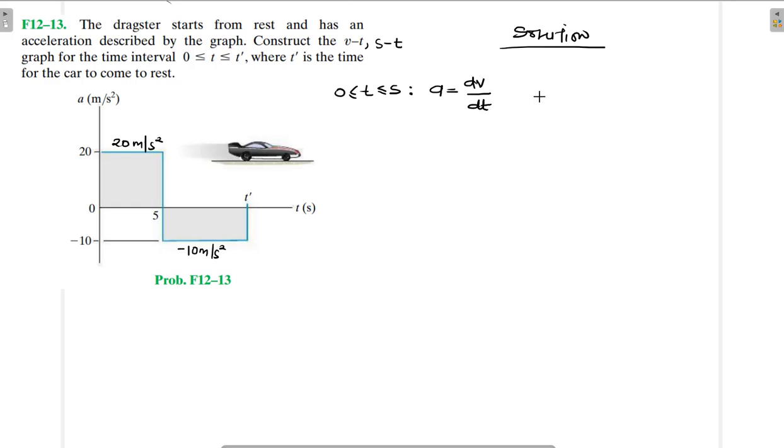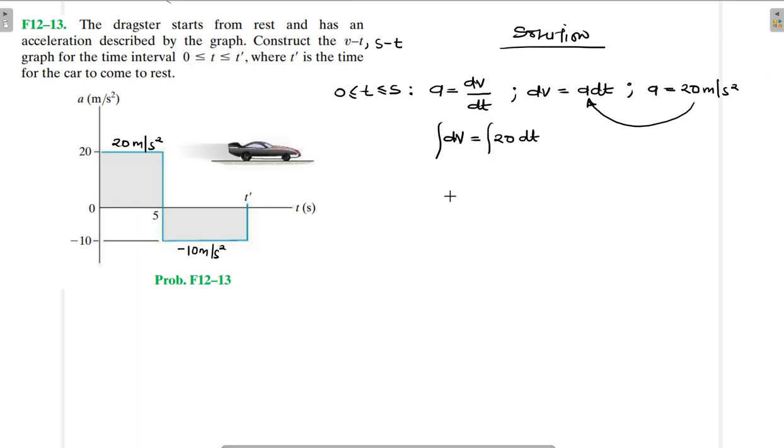Writing this, dv is equal to a dt. From 0 to 5, a is equal to 20 meters per second squared, so we replace it there. Therefore dv is equal to 20 dt, and we need to integrate this.